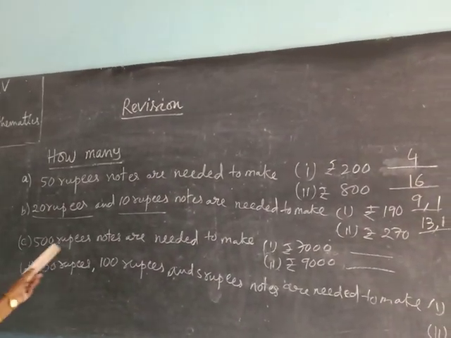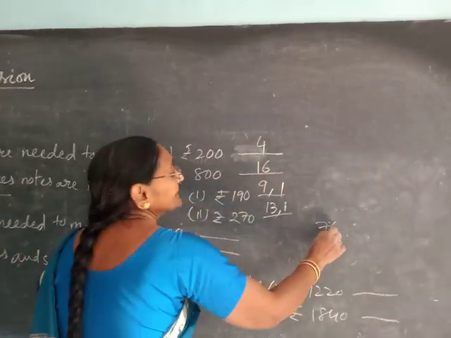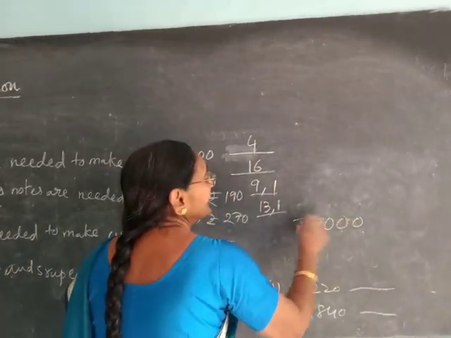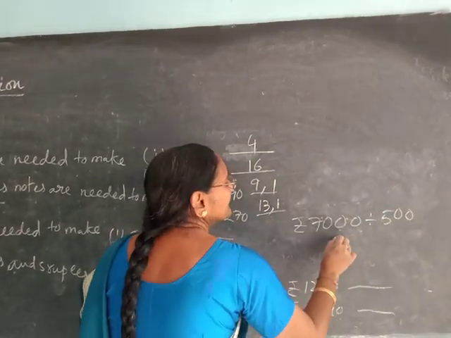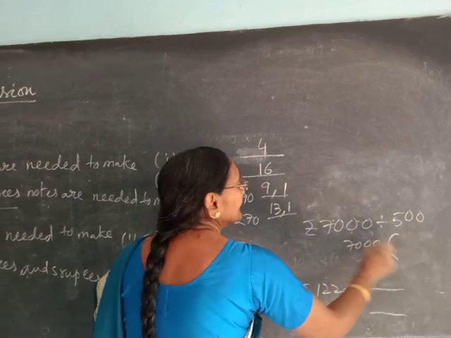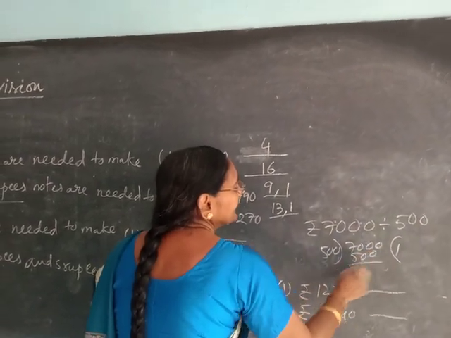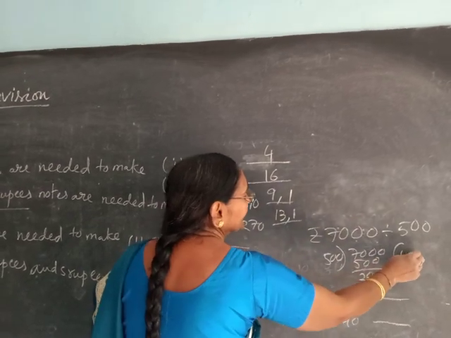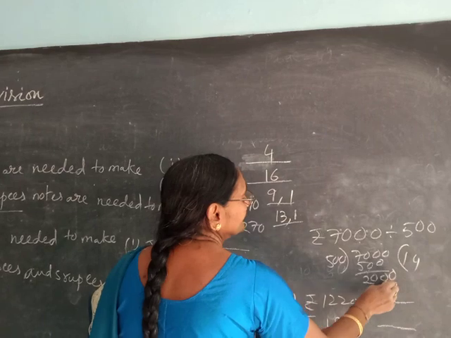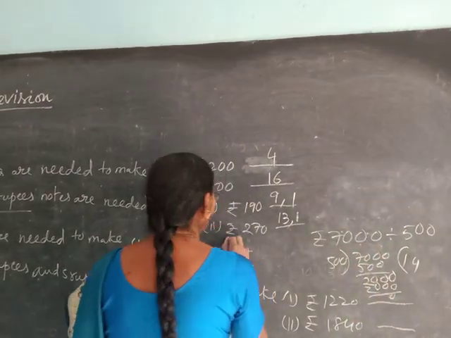Then how many 500 rupee notes are needed to make 7,000 rupees? 7,000 rupees divided by 500. 500 1 is 500. Then 7 minus 5 is equal to 2. 0 you keep. 5 4s are 20. Then 40 notes.